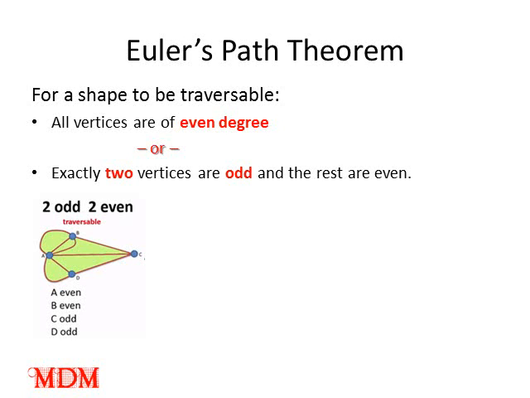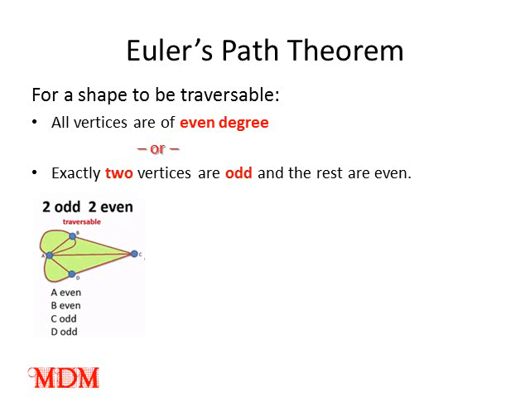Remember that the word that we use for that is valence. So we could say that A's valence is 6, the valence for B is 4, the valence for C is 3, and the valence for D is also 3. So in this case we have 2 odd and 2 even.